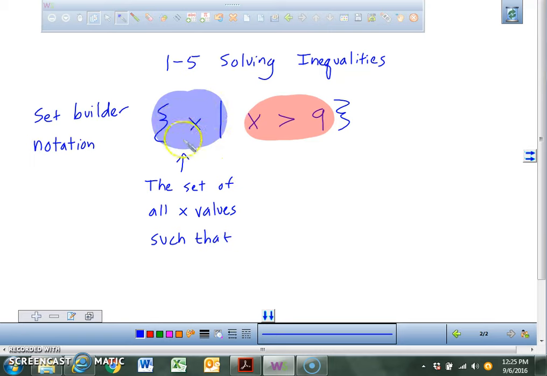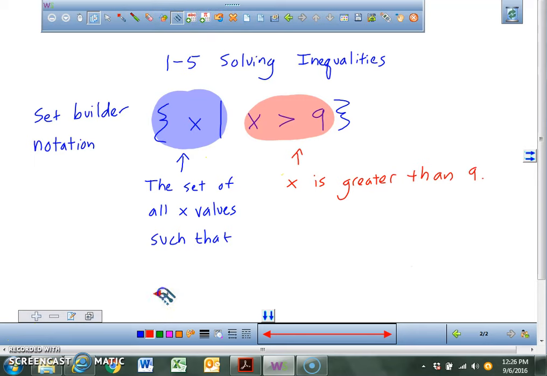So this right here is going to be basically, just in words, the set of all x values such that, that's kind of that line right there, that x is greater than 9. So if you wrote a whole sentence, you would just say the set of all x values such that x is greater than 9. So you have two parts to that set builder notation. That's something you have to get used to writing when you're going to be working through these inequalities.